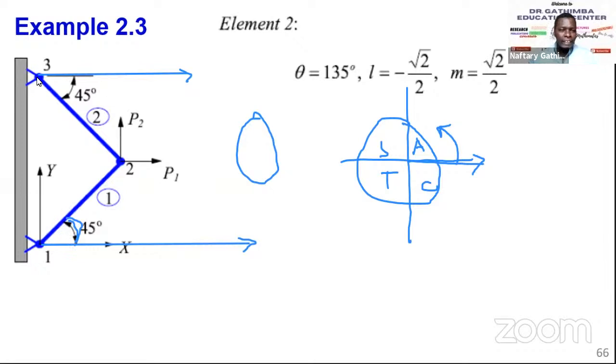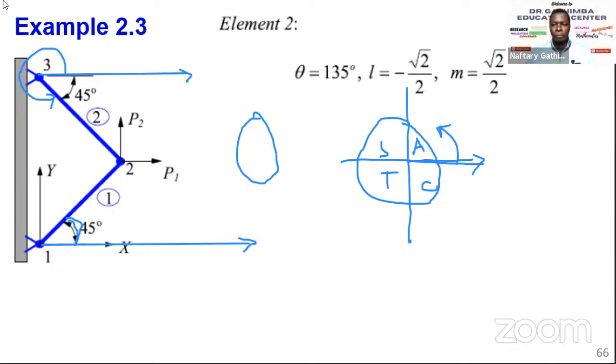And then this element 2, we could say negative 45 or positive 135. I think both will give you the same value of sine and cosine. So remember the angles, we always measure them counterclockwise as the positive direction from the horizontal x-axis.